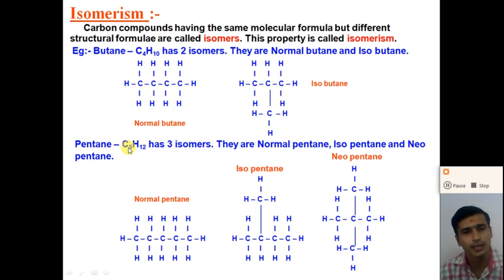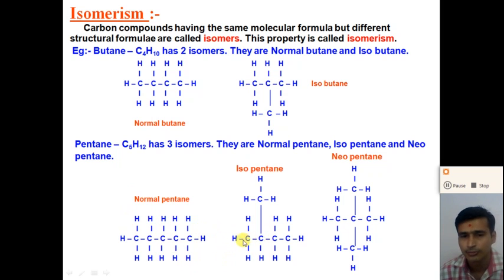Pentane has the molecular formula C5H12 and has 3 isomers: normal pentane, isopentane and neopentane. In normal pentane, all the carbon atoms are connected in a chain structure, right? And the hydrogen atoms make covalent bonds with all the carbon atoms. That is normal pentane.